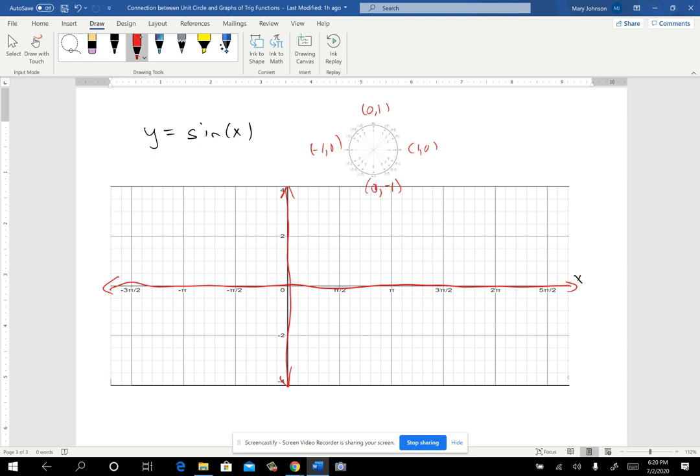Okay. All right. So when we go about trying to graph y equals sine x, this spot is here. Pi over 2 is there, and I've unwrapped it. Here it is when I stretch out that string around here. Okay. Pi over 2 shows up right here, and sine is the y coordinate. So the sine would be 1.